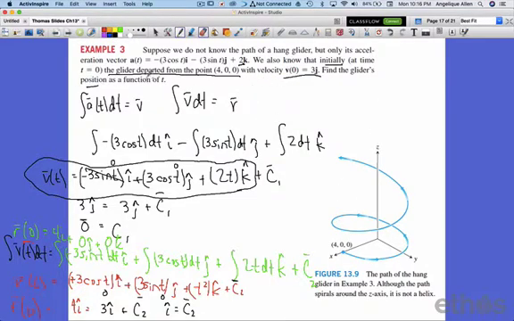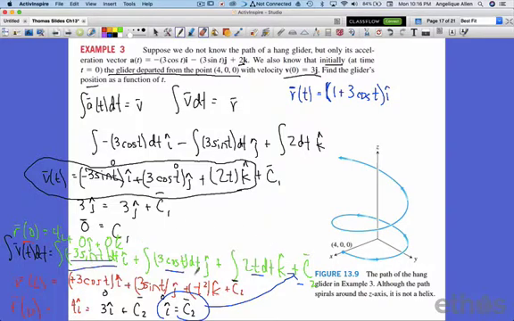that the glider's position as a function of t, r of t, make sure you indicate that it's a vector, is going to be here with our constant vector added in. Our constant vector is i, so I'm going to write our first component, I like to see that as a parenthesis, 1 plus 3 cosine t i. All right, so that's C2 plugged in here, but realizing that C2 is an i component, just one i, I went ahead and combined it with my i vector.